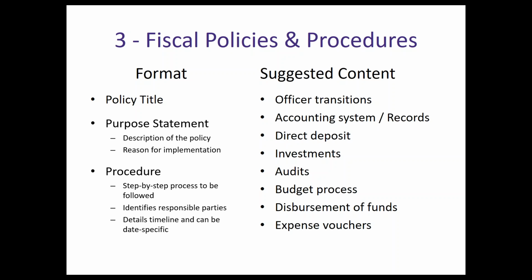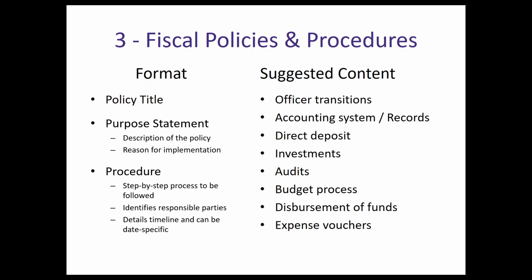Another important one will be the accounting system or the record keeping system that your chapter uses. How do you keep record of expenditures and income? How do you document vouchers, receipts, bank statements, canceled checks, and other transactions?